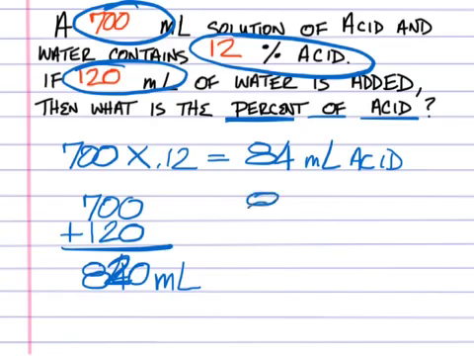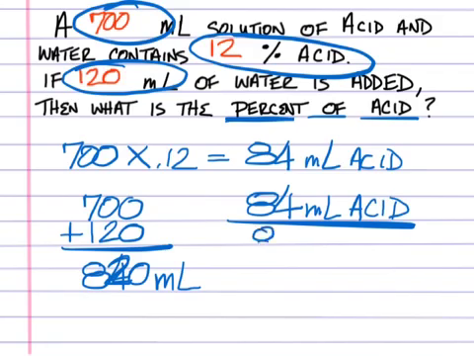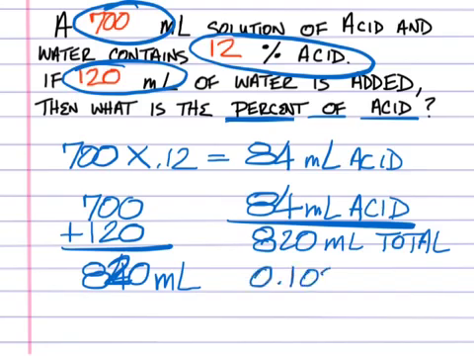Now we want to find out what percent of acid we have. We know that we have 84 milliliters of acid, and we know that we have 820 milliliters of our total contents all combined. You must divide 84 by 820 to come up with 0.102439 and on out.